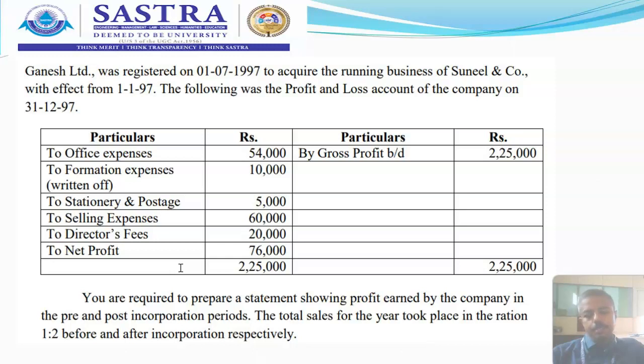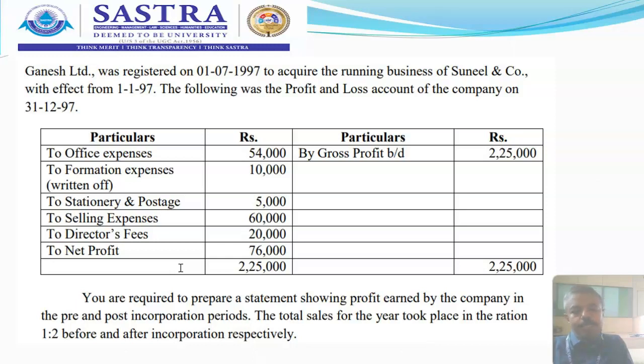Next, stationery and postages. This is another expense given in the profit and loss account that amounts to rupees 5,000. Now, what is the stationery and postage? It is 5,000. How is it apportioned?